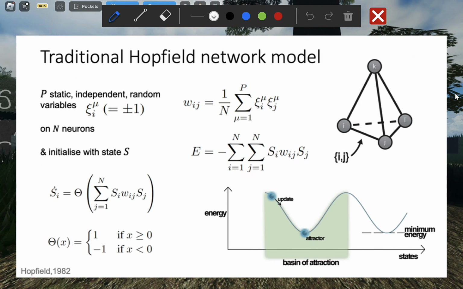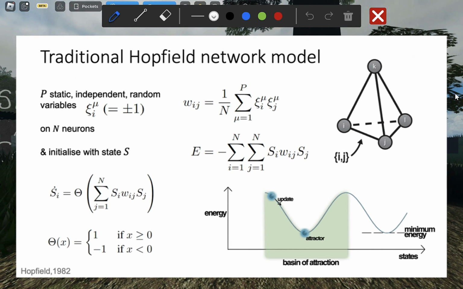That's mentioned in the introduction of my paper. In the future, I possibly want to say associative memory networks instead, but for this talk and this paper, they're called Hopfield networks.